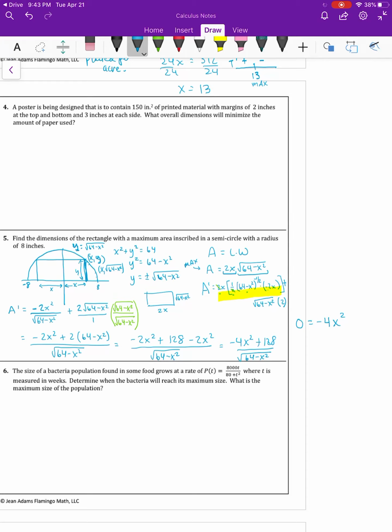And remember, when we set it equal to 0, technically, to find your minimum or maximum, you'd either set the numerator equal to 0 to find where it's 0, and the denominator equal to 0 to find where it's undefined. But we know that what makes it undefined would be 8, because 64 minus 8 squared would give you 0.